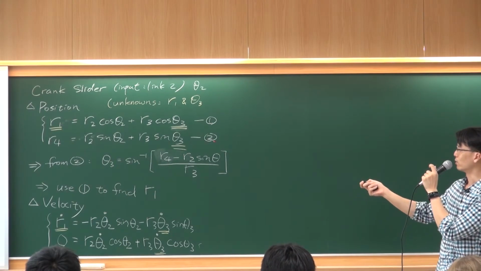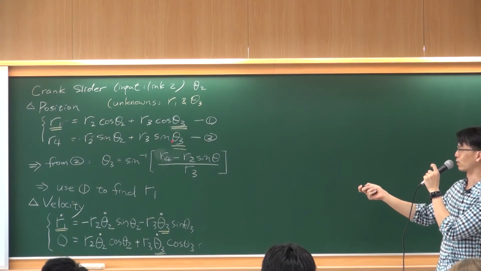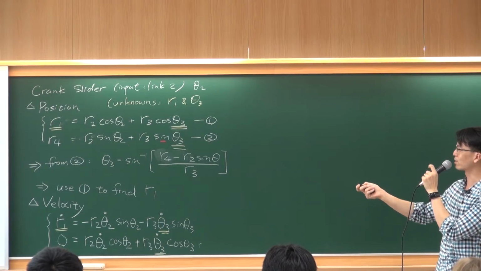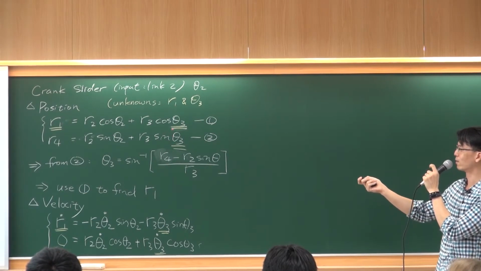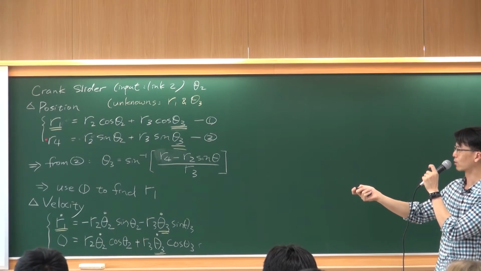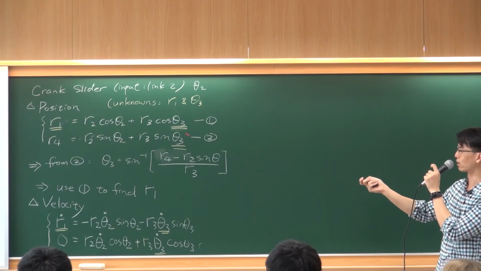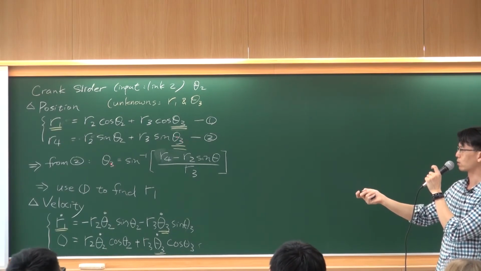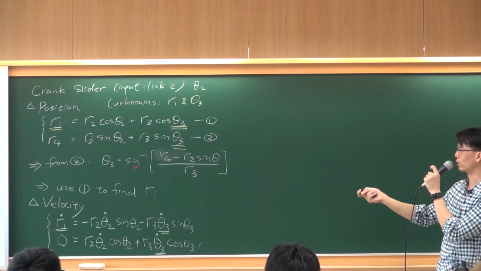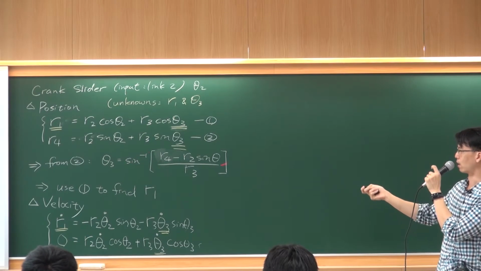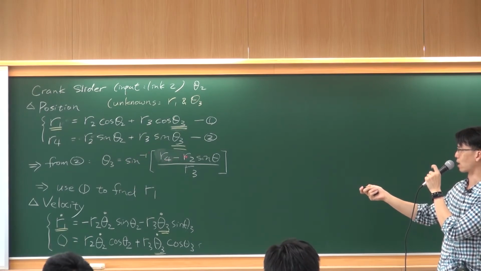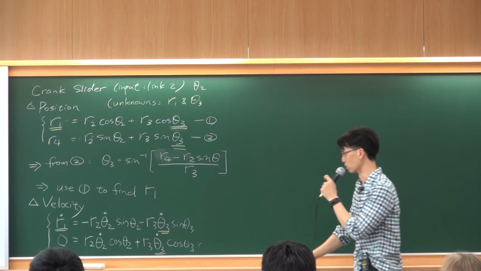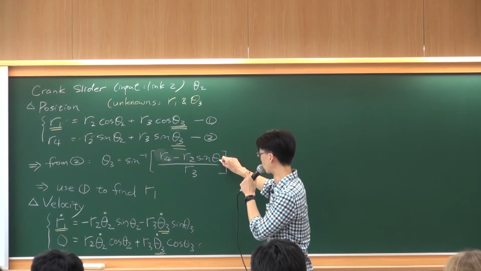Okay, so you can investigate these two equations. Because the second equation has only one unknown, you can quickly use it to determine the value of theta 3. You just rearrange this equation, and theta 3 should be arc sine of R4 minus R2 sine theta 2, over R3.